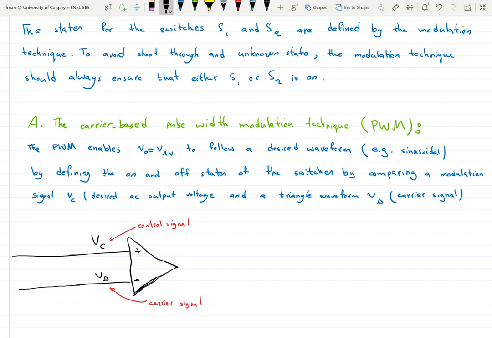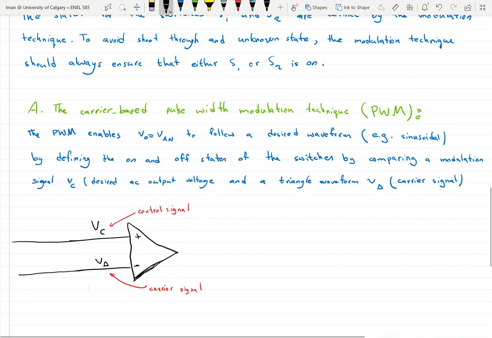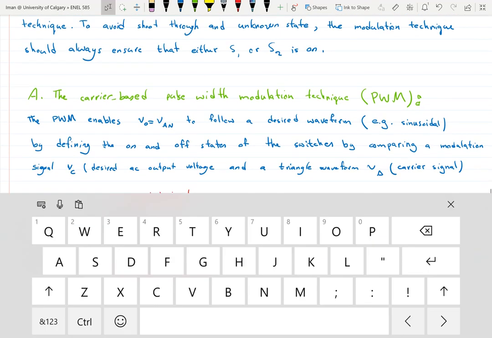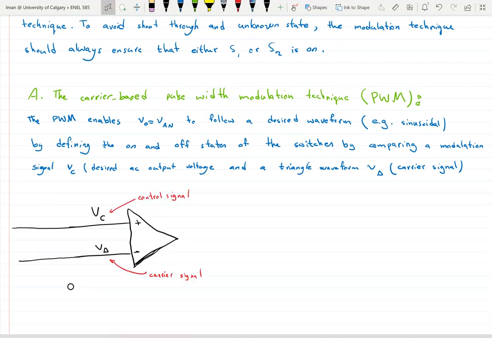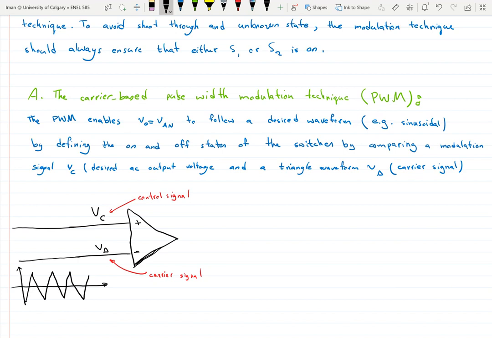Okay, so VC, which is the control, first let's look at the V carrier actually. So the V carrier is something like this, some kind of a zigzag it goes on.